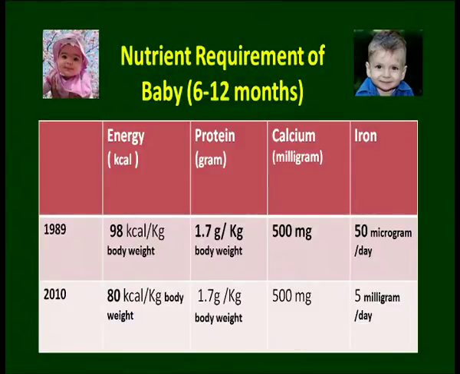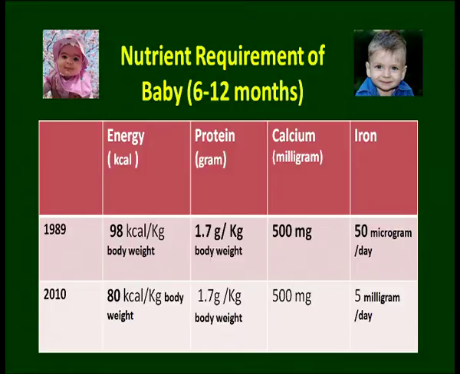In 1989, there were 98 calories per kg body weight, protein 1.7 grams per kg body weight, calcium requirement 500 milligram and iron requirement 50 microgram.